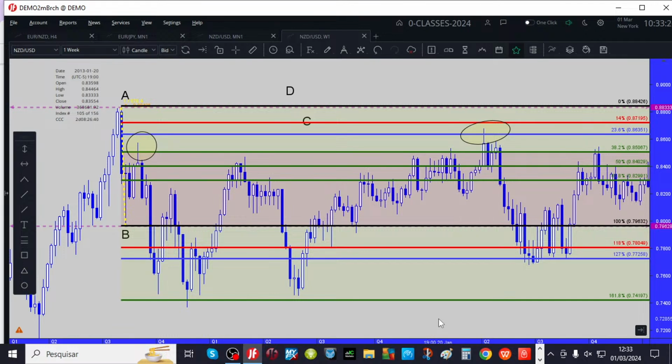So B is the first high low after the A, and the C is the highest. You need to get the whole rule, everybody. You know, the C is the highest point inside the AB. This is just part of the rule. The C is the highest point inside the AB boundary before the market hits the appropriate extension.